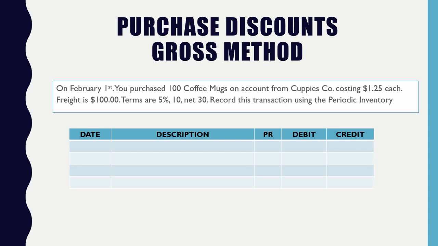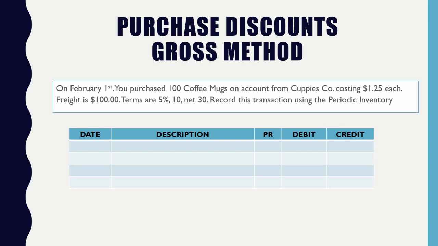Okay, so here, example here on February 1st, you purchase 100 coffee mugs on an account from Cuppy's Co., costing $1.25 each, okay? And freight is $100, okay? Terms are 5%, 10, net 30. Record this transaction. So once again, we're taking a look at the gross method.